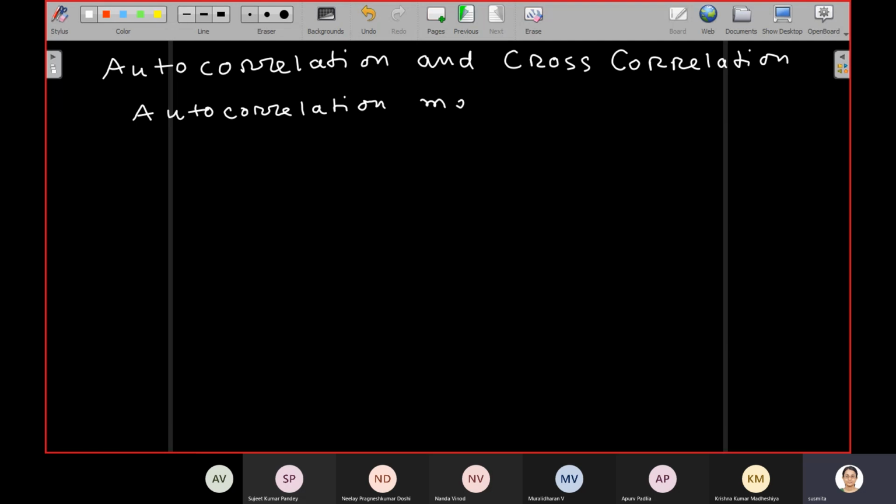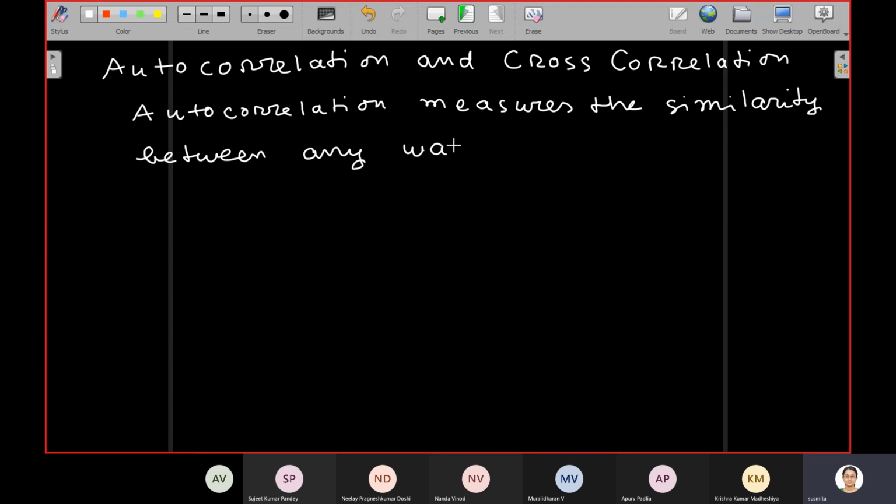Autocorrelation measures the similarity between any waveform and its time shifted version.